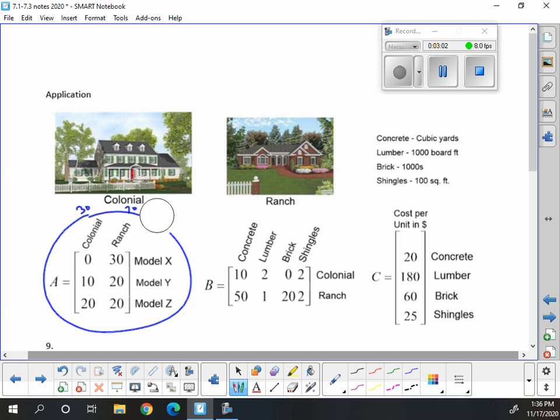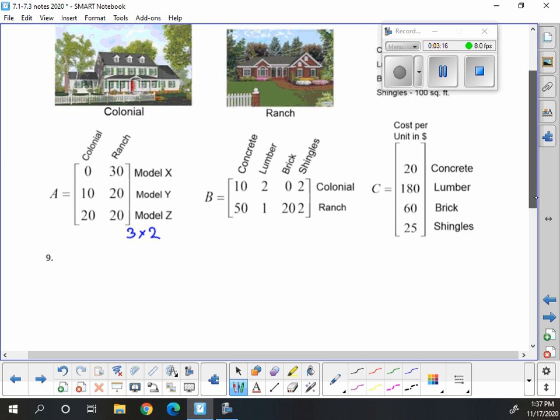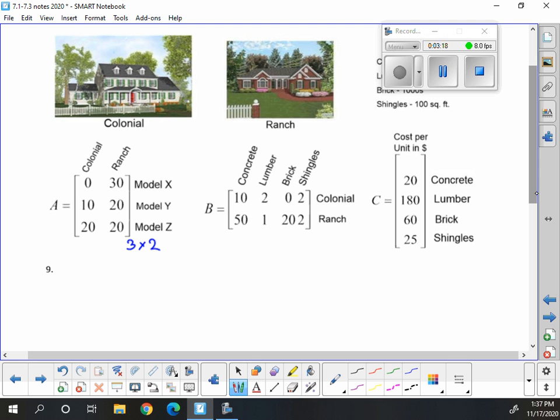Now this matrix, matrix A, is telling us about the number of each type of home, and it has 3 rows, models X, Y, and Z, and 2 columns, colonial and ranch. Now, the second matrix looks at the different amount of supplies necessary for colonial and ranch homes. Colonials need much more lumber, okay?